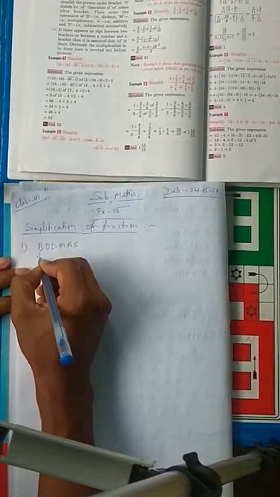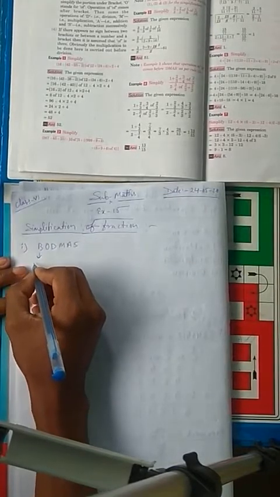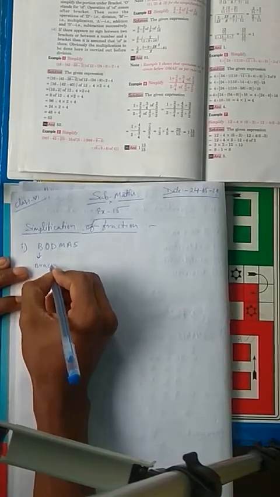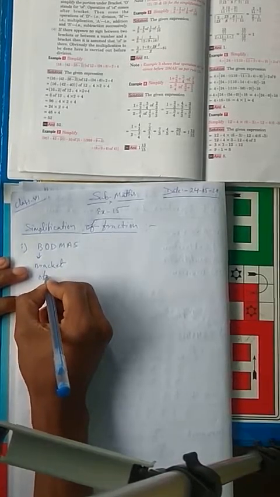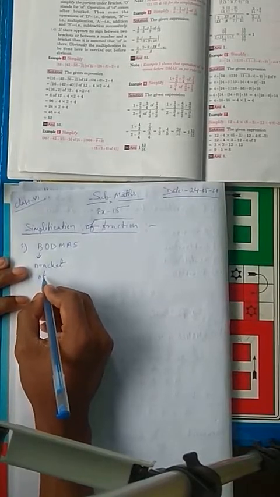B stands for bracket, O stands for of. We know that of means multiply.